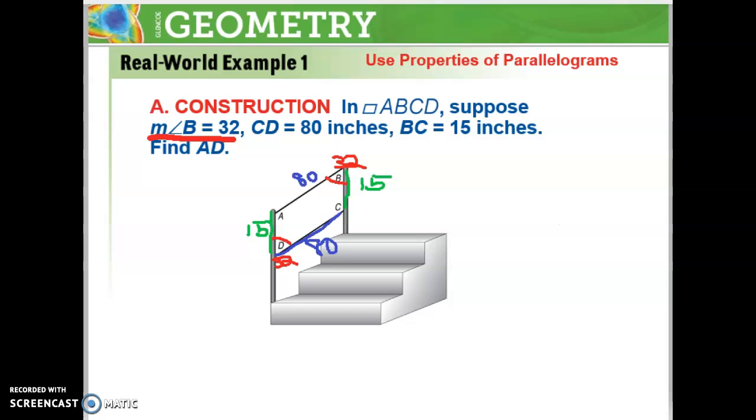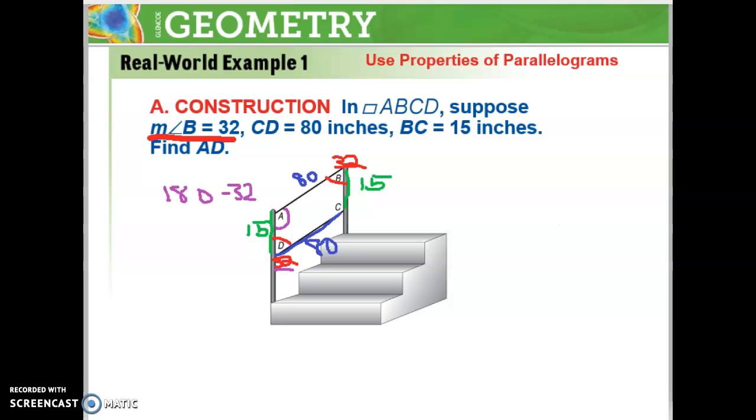Now, one thing that they didn't say in the video that I want to talk to you about a little bit here is the fact that consecutive angles are going to be supplementary. So if this one down here is 32 degrees, which is right here, that means this one up here, angle A, is going to be 180 degrees minus 32.